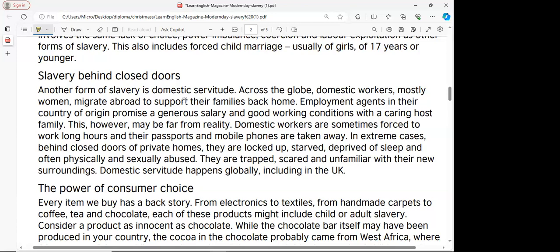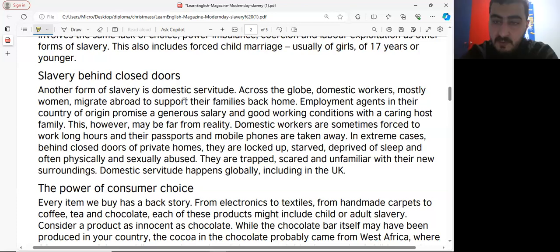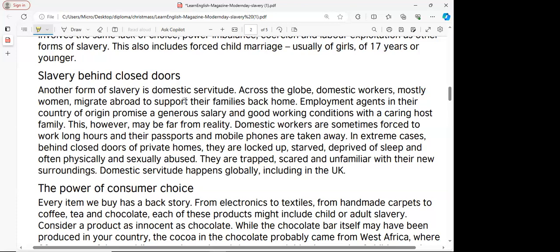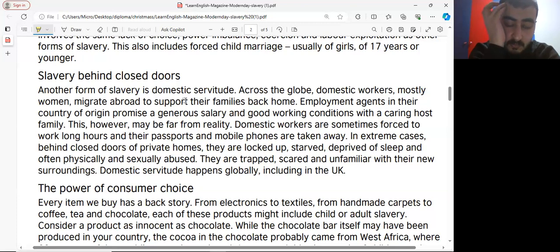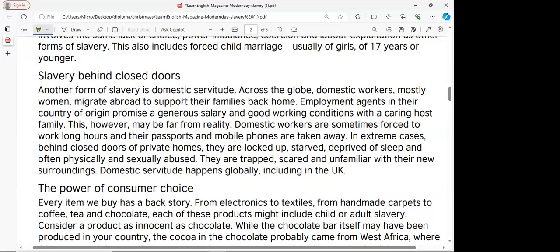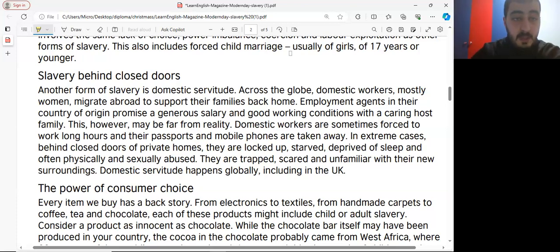They are treated scared and unfamiliar with their new surroundings. Domestic servitude happens globally, including in the UK. Okay, good job.